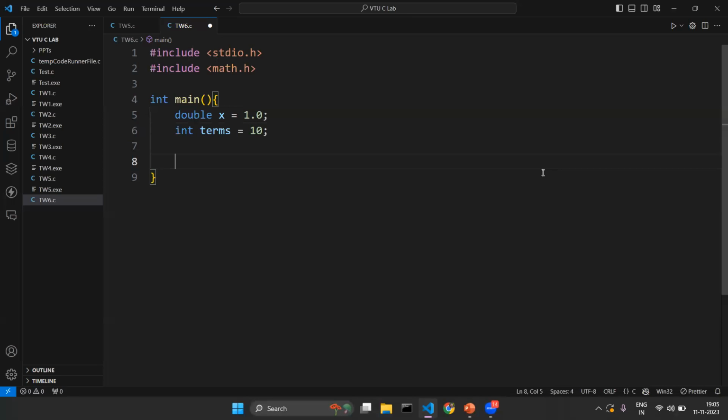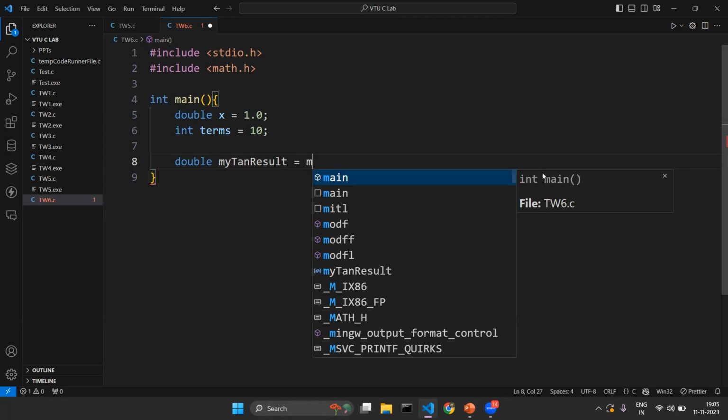Once we have it, we will store the result in, let's say, my tan result, and we need to call a particular function my tan.